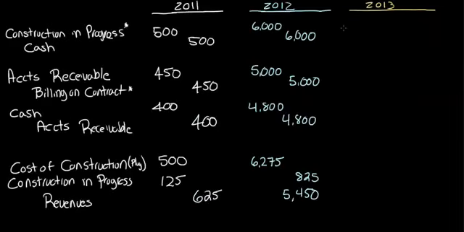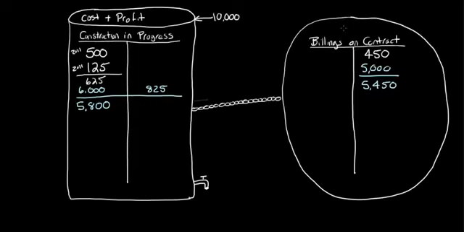All right, so let's go to the journal entries. Our construction in progress is $2,500, and that's a debit, and we're going to credit cash of $2,500. So let me go ahead and post that right now to that construction in progress account. That $2,500. All right.